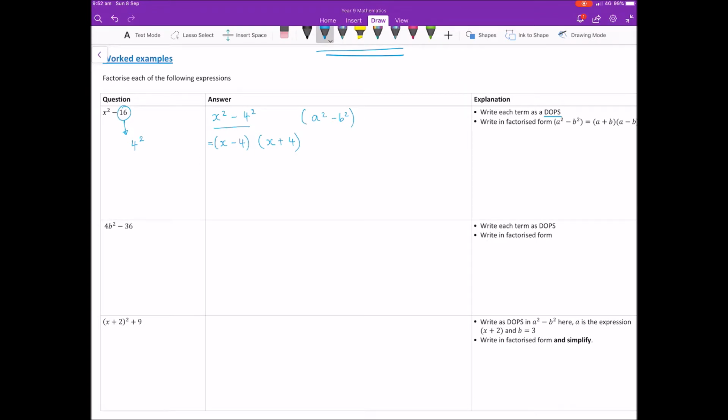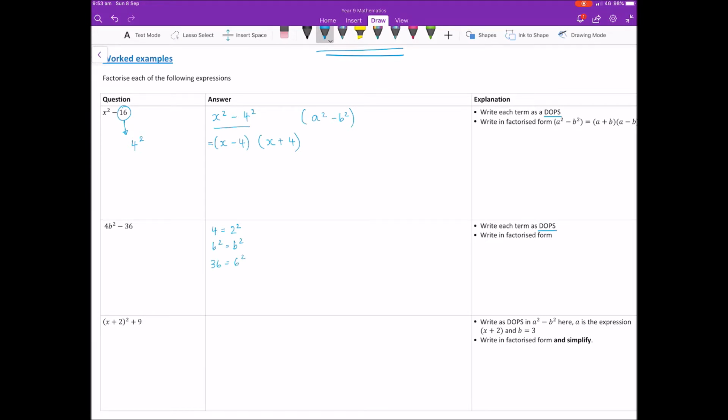The next example is 4b squared minus 36. Again, the first step is to write everything as a difference of perfect squares. Identifying the individual parts of the expression, 4 we know is the same as saying 2 squared, b squared is just b squared, and 36 is the same as saying 6 squared.